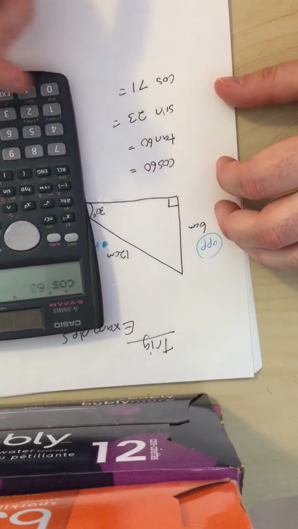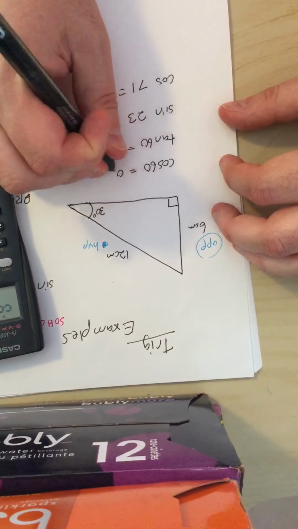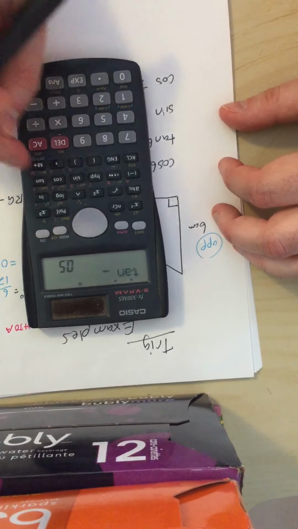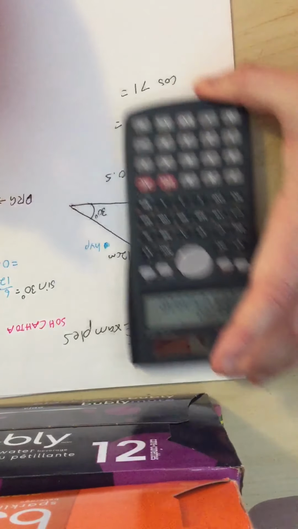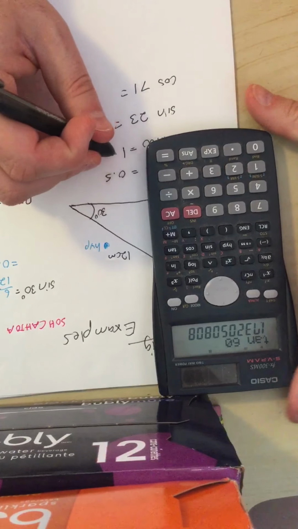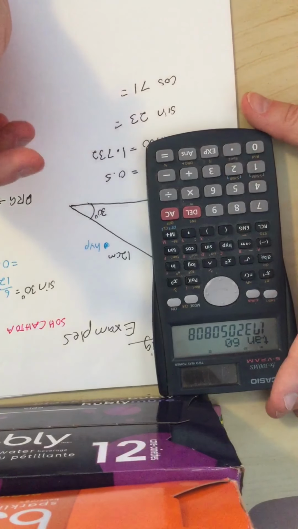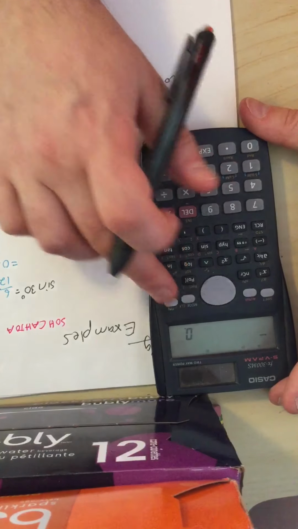So the cosine of 60 is also 0.5. And the tangent of 60 is 1.732, whatever. Sine of 23, oops, I screwed that one up.